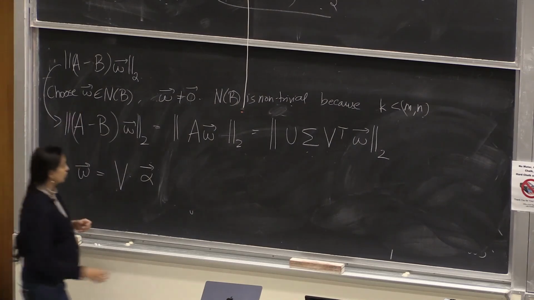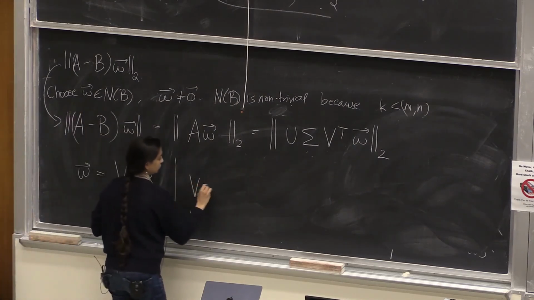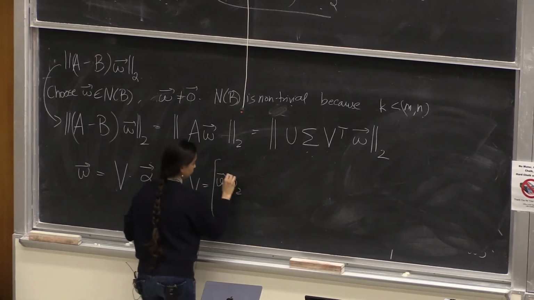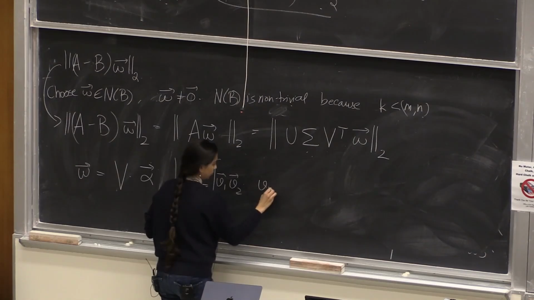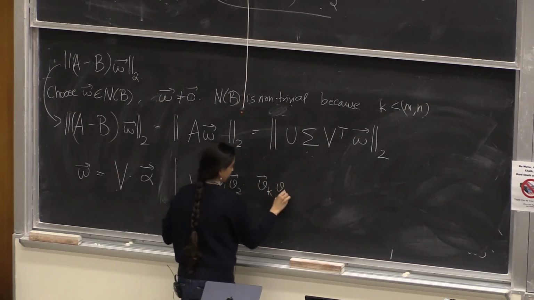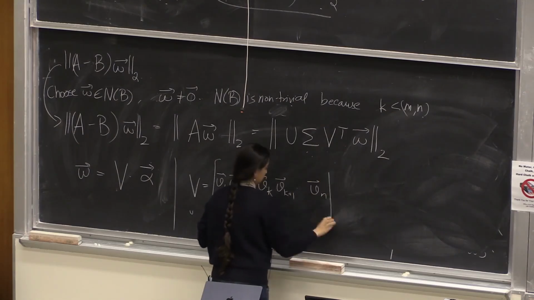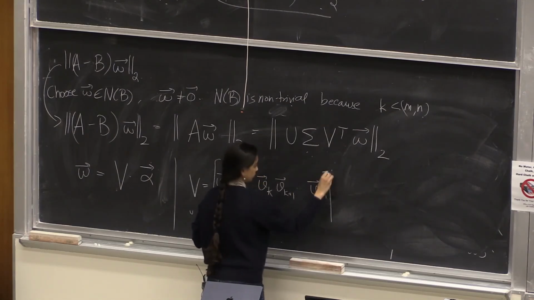Okay? So let me write out V as V1, V2, up to Vk, Vk plus 1, all the way up to Vn. Okay, this is my V matrix.